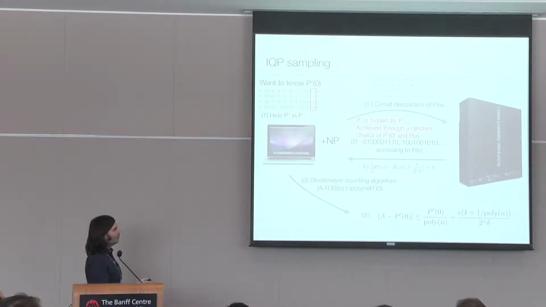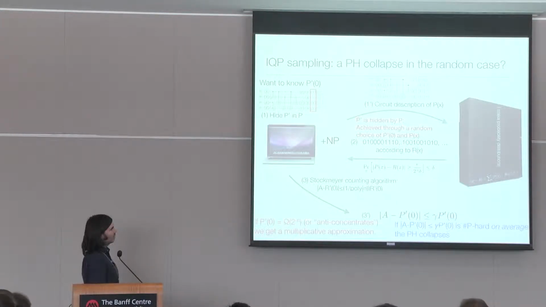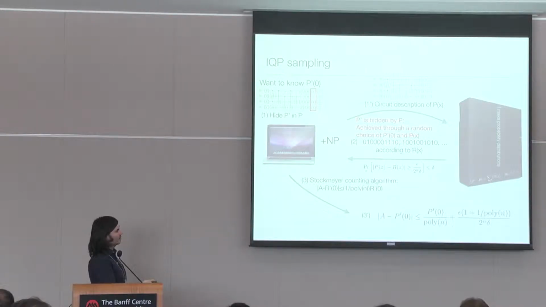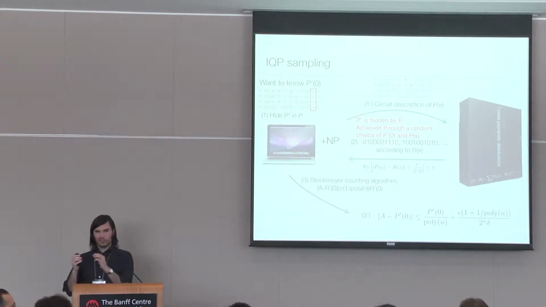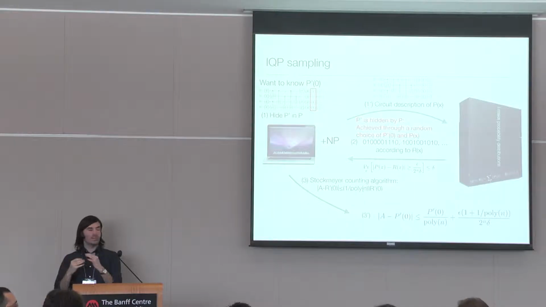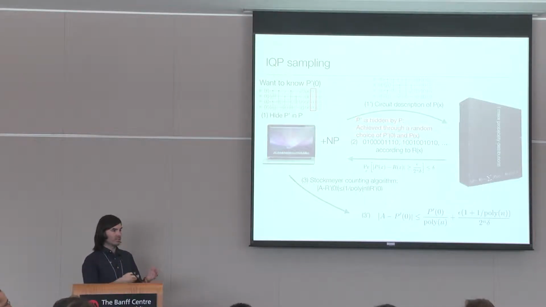It's not so important. But the point is that you run this analysis, you do Stockmeyer counting, and you find that you get a bound on the probability of measuring the all zero state out. So we've interchanged the random choice over the outputs, which we had in the previous slide, with a random choice over the inputs to your circuit.